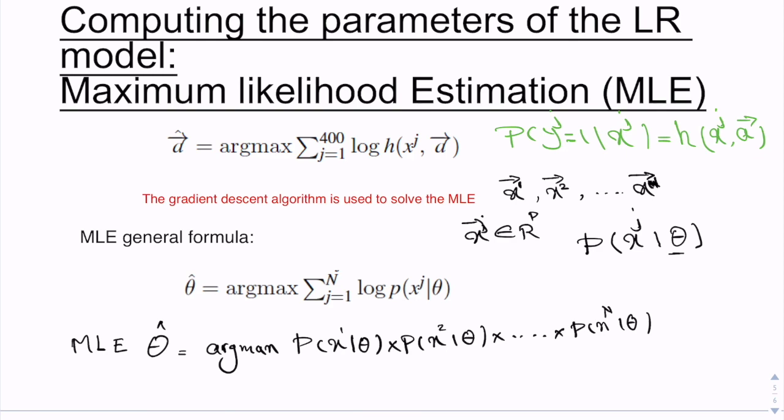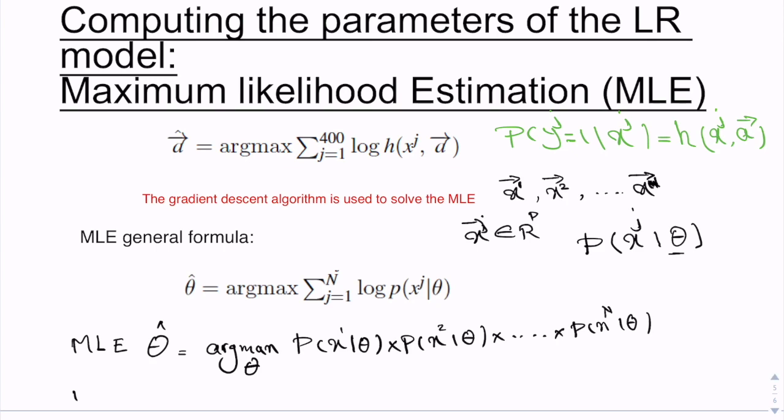So what we usually do, instead of maximizing this probability and computing theta, is compute the log of the probability. If you take the log of this probability, the product will be converted to a sum.